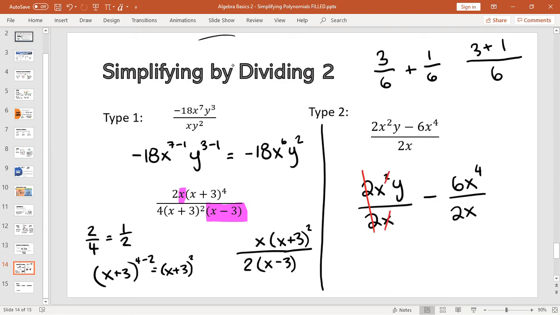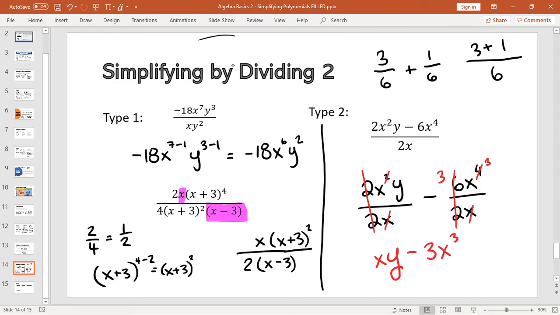So our first term is just going to be xy. 6 over 2 is 3. x to the 4 over x, that disappears. 3 left. xy minus 3x cubed.